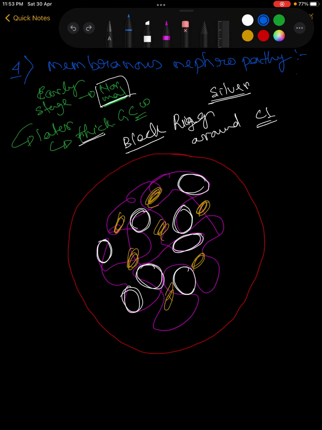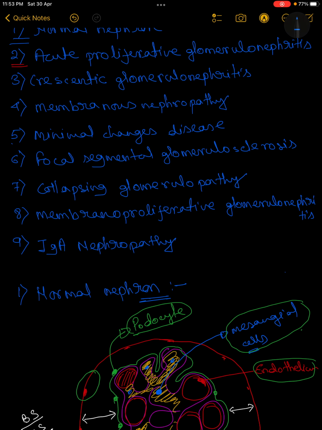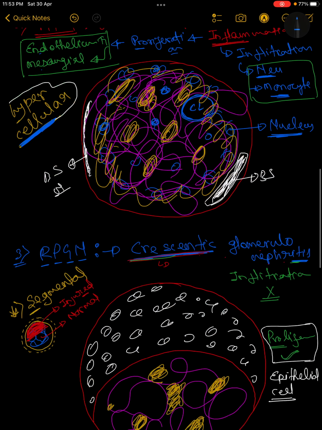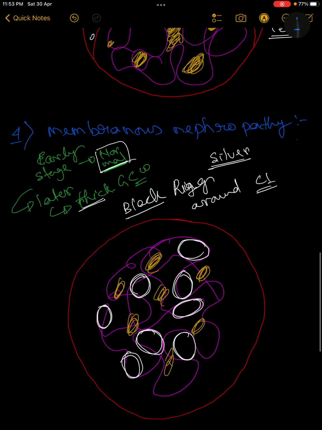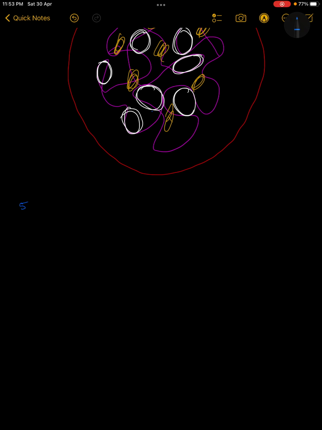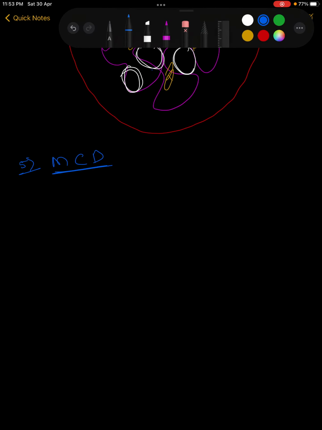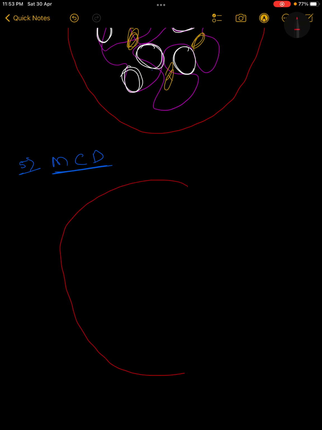Okay, now then the next point, fifth, is minimal change disease. Minimal change disease is kind of the same, not the same. So in minimal change disease, as you can see, minimal, or there are no changes. Actually there are no changes in light microscopy.